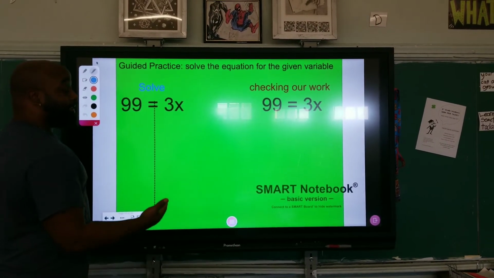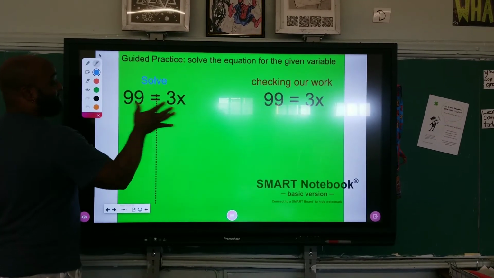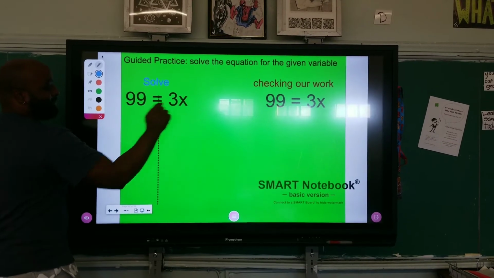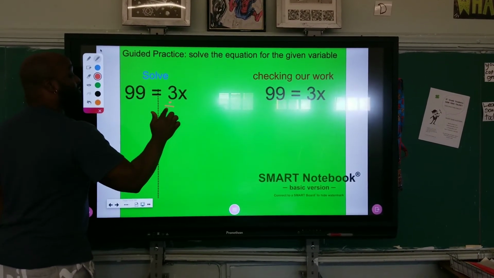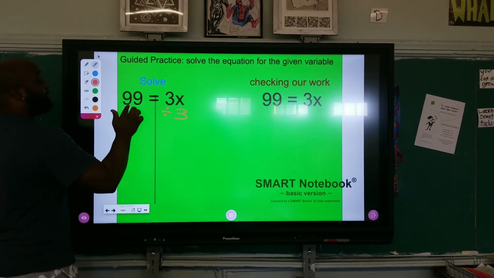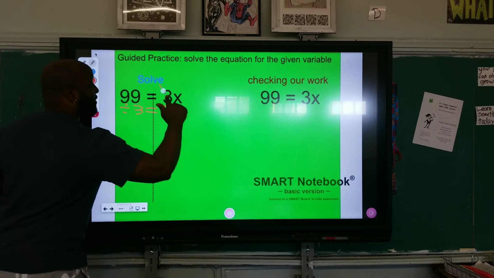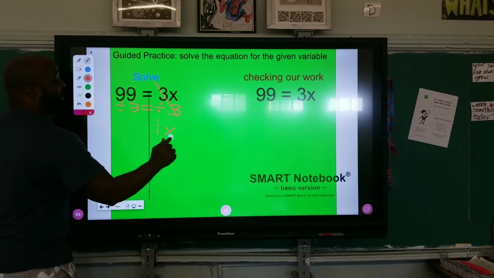So we'll do this third example, and then I'll let you do the last one on your own. So things are just flipped on the other side, no big deal. We still see that these are being multiplied. So instead of multiplying by 3, we're going to divide by 3. We'll do that on both sides to keep everything equal. Our 3's will cancel. 3 divided by 3 is 1. So this is now 1x.